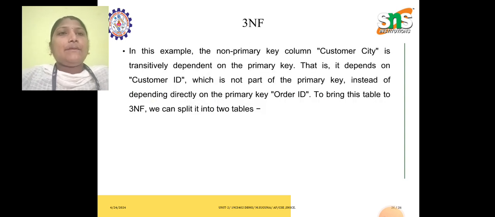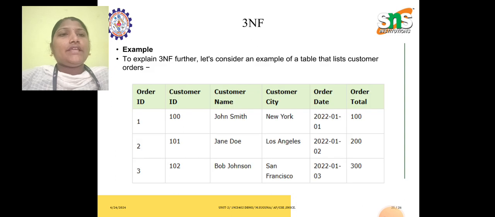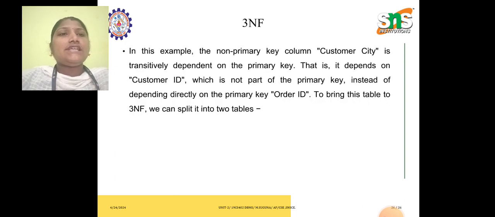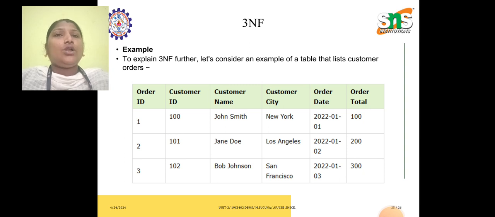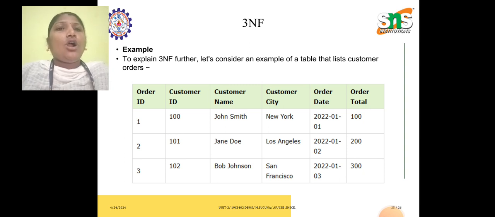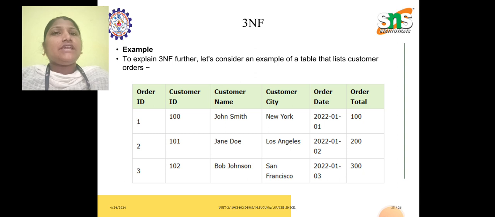In this example, the customer city is a non-primary key column. It transitively depends on the primary key. In this table the primary key is the order ID. So the customer city is transitively dependent on order ID. That means order ID determines the customer ID, and customer ID determines the customer name.